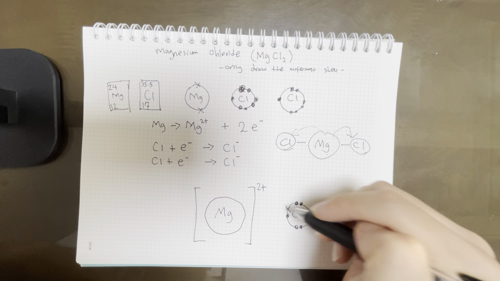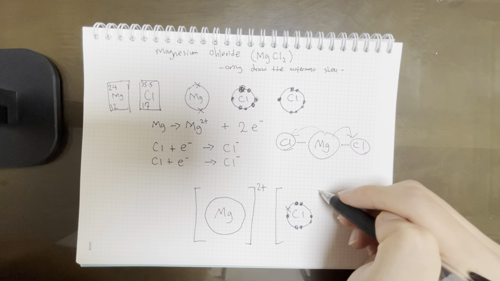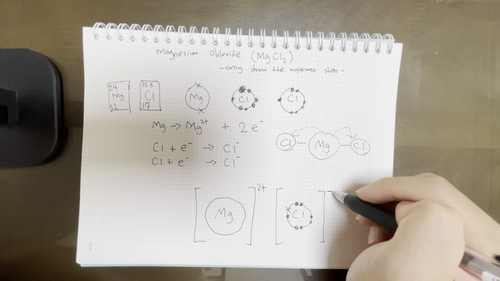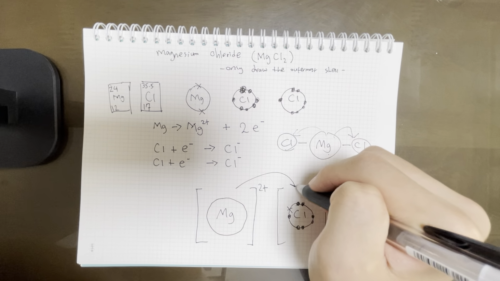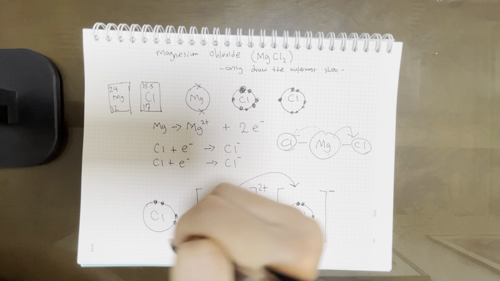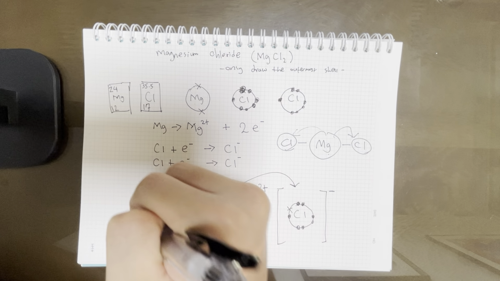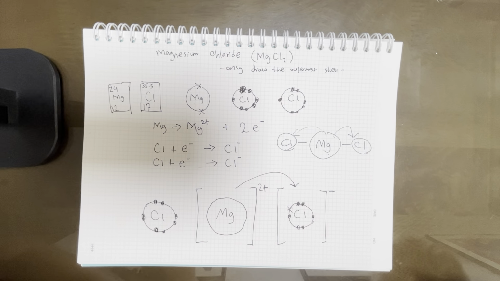But it receives 1 of the electrons from magnesium. So it's going to have a negative charge because it receives 1 negative electron. And the same thing is going to happen here. Chlorine currently has 7 electrons, but it's going to receive another electron from the magnesium, going to form a negatively charged ion because it receives 1 negative electron.